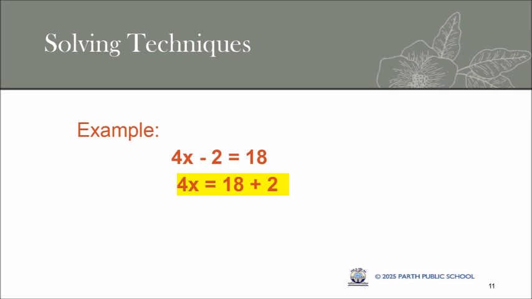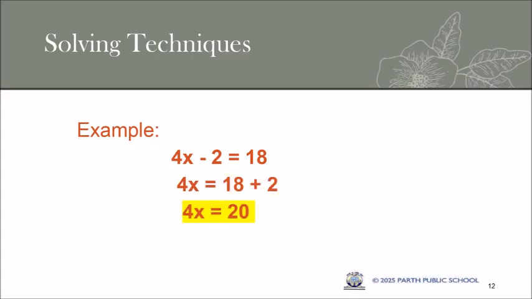Whenever we are shifting the constant or variables to the other side, we have to change their sign immediately. Now after shifting it to the other side, I have to subtract or add, depending upon the operator in between. So 18 plus 2 will become 20. The next equation will be 4x is equal to 20.